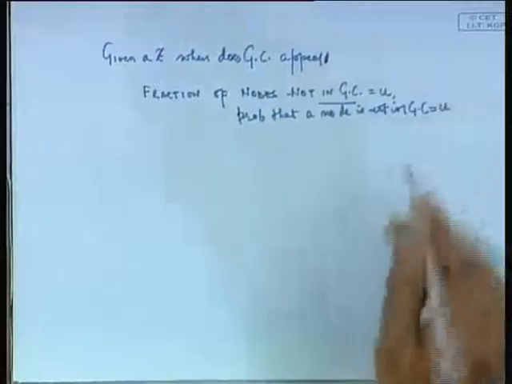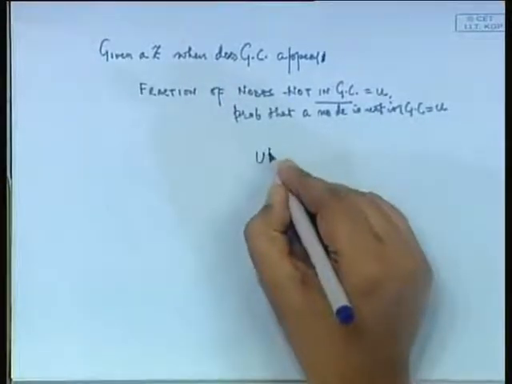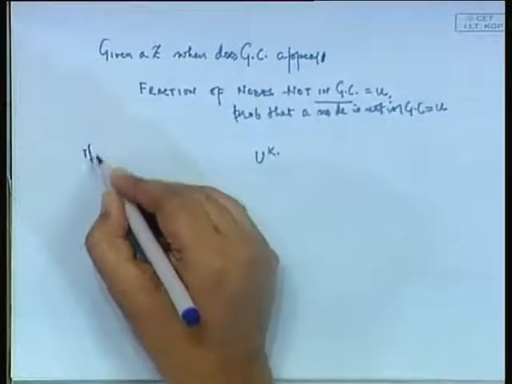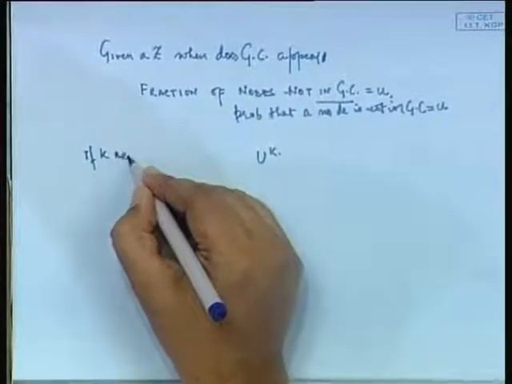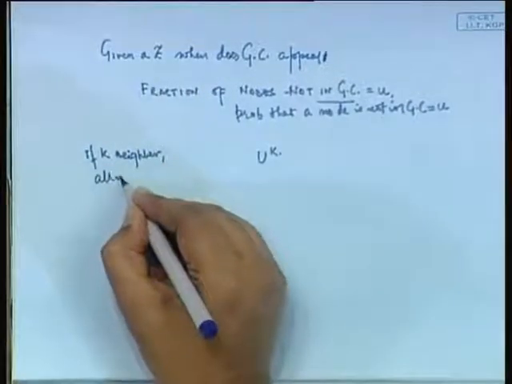So, now I ask: if it has k neighbors, what is the probability that all its k neighbors are not in the giant component? U to the power k. So, u to the power k gives the probability that the k neighbors are all not in GC.